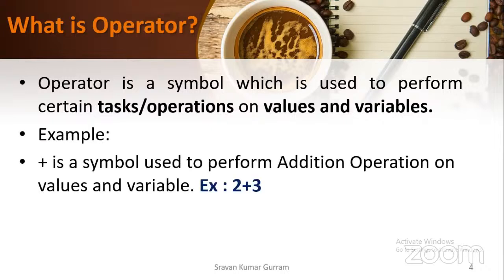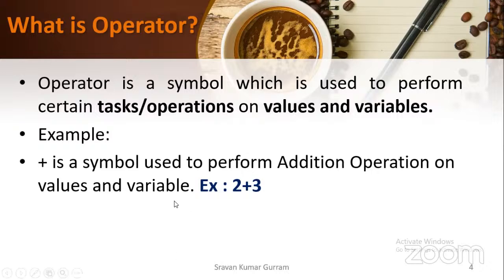If you read 2 plus 3, in this example, generally this is called an expression. An expression is a combination of operators and operands, where the operator is plus. In this expression, plus is the operator, and 2 and 3 are called operands. What is an operand? An operand may be a value or a variable also.